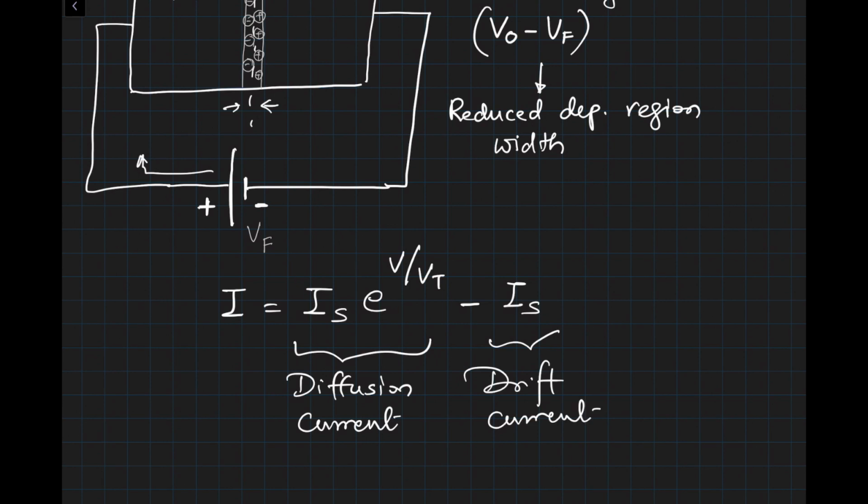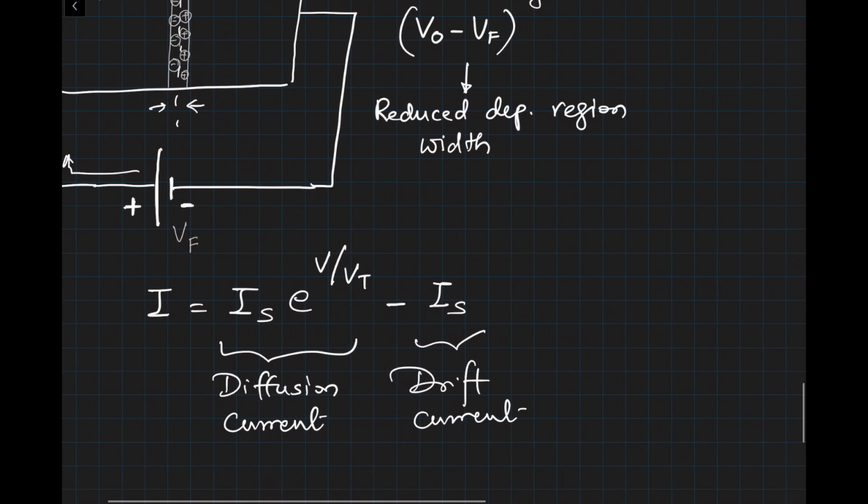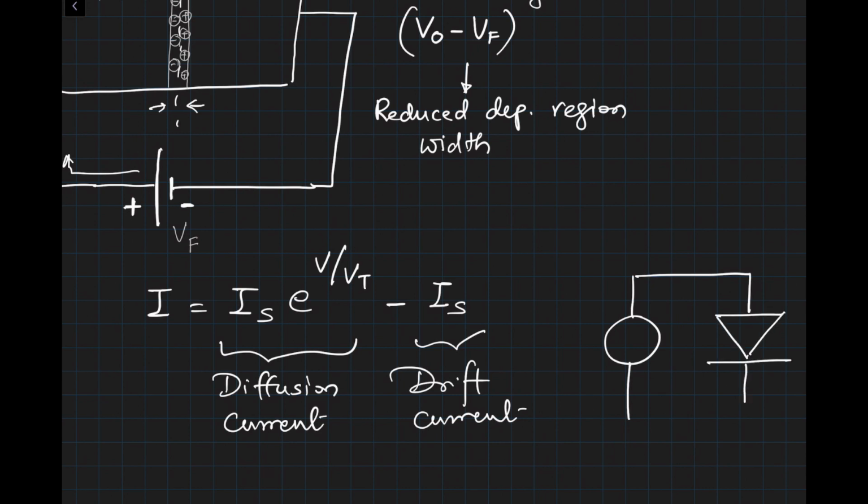Okay, and the model is, I'm applying voltage V across the diode like this, and the current is flowing in this direction, I. This is the model that we are talking about: I is equal to Is exponential V divided by Vt minus Is, V being the forward bias potential that we have applied in this case.